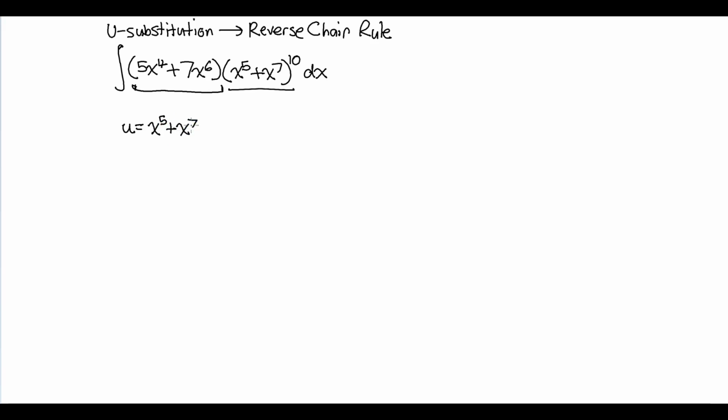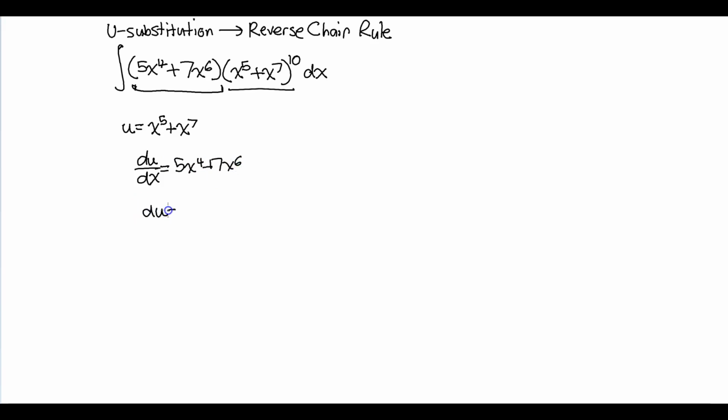And so what we want to do is turn this messy integral into a much simpler integral in terms of a different variable, okay? And if we introduce u as x to the 5th plus x to the 7th, the reason why this works when the derivative is right next to it is because du dx, we take the derivative with respect to x of u, that equals 5x to the 4th plus 7x to the 6th.